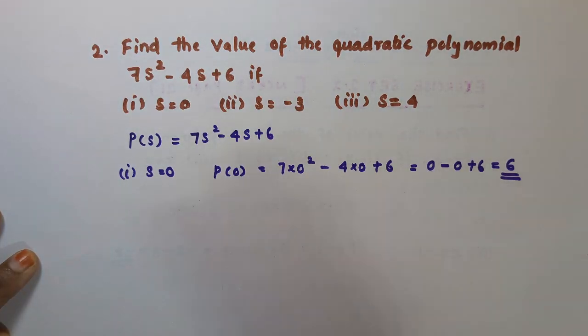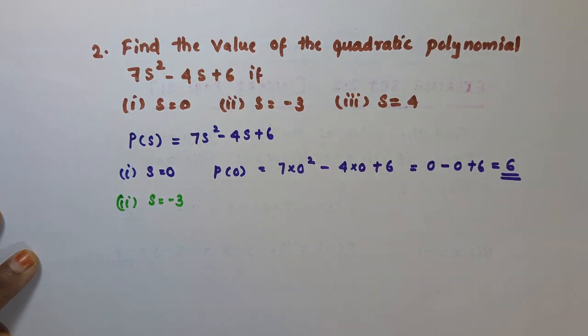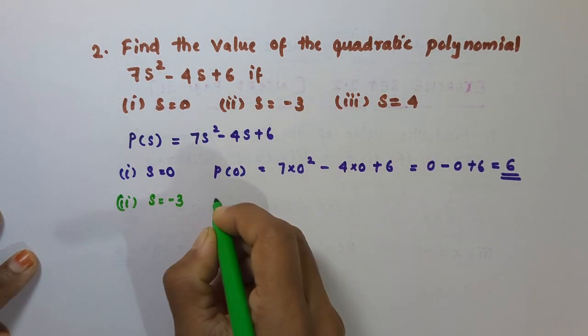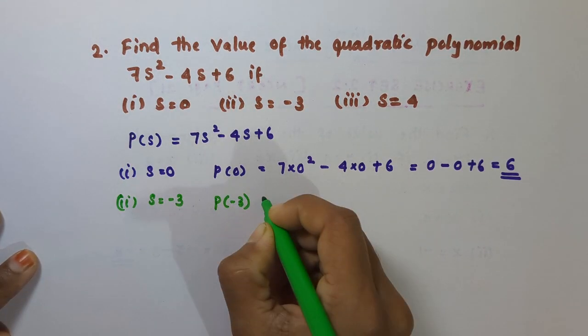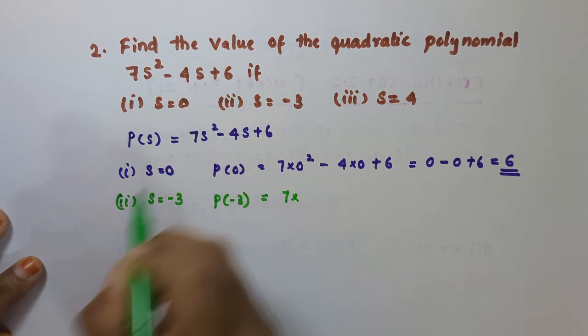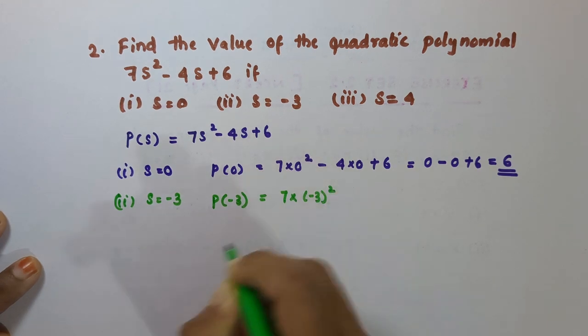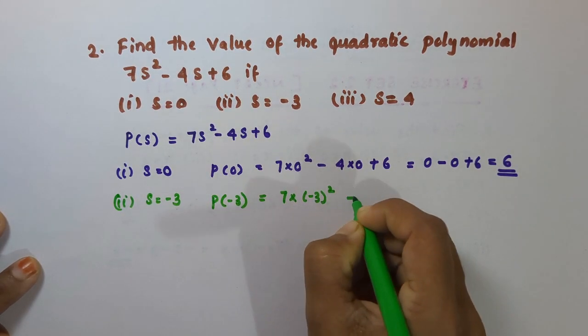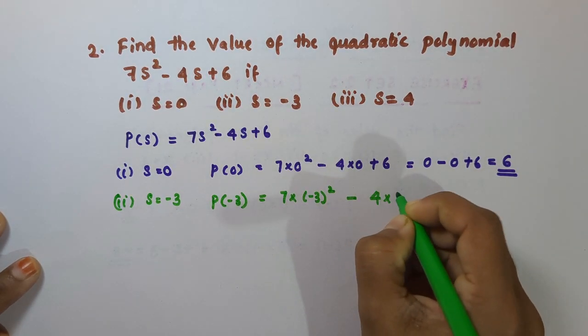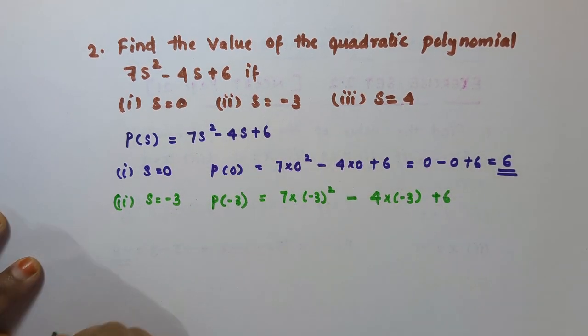Okay. Similarly, when s is equal to minus 3. Okay. So we can write this polynomial as p of minus 3. That is equal to 7 into, wherever we are having s, we want to substitute that s as minus 3. So 7 into minus 3 square, minus 4 into minus 3, plus 6.